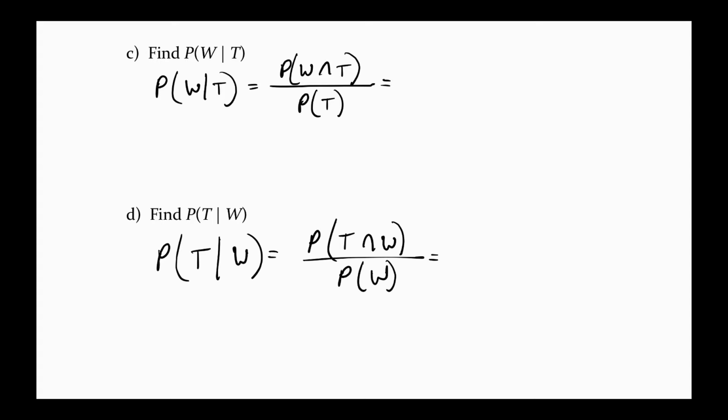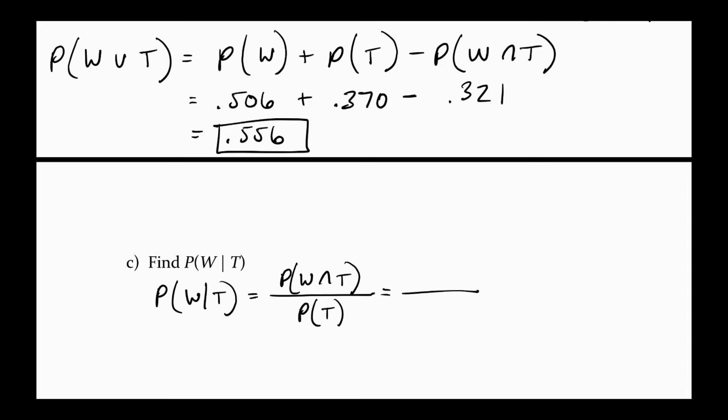They look the same because you see a bunch of T's and W's and you're like, aren't they the same? They're not the same because you're dividing by a different number. You're dividing by T over here and you're dividing by W over here. So the probability of wins and tacos. Didn't we just do that one up here? Oh, that was or.